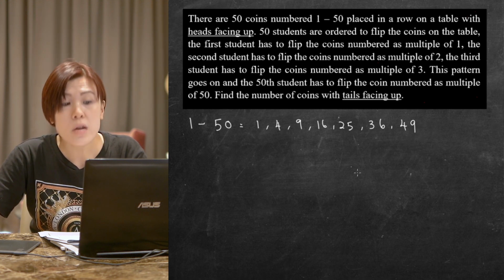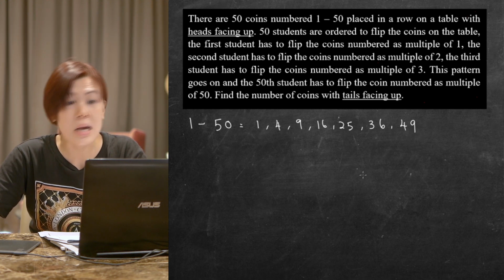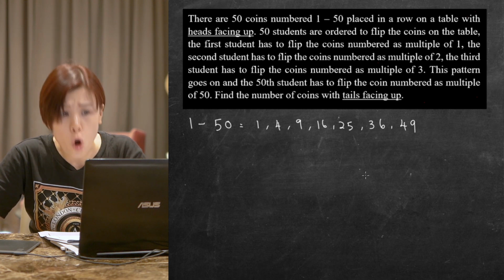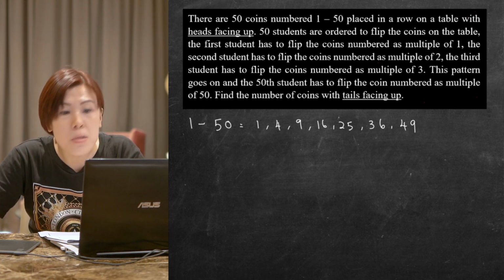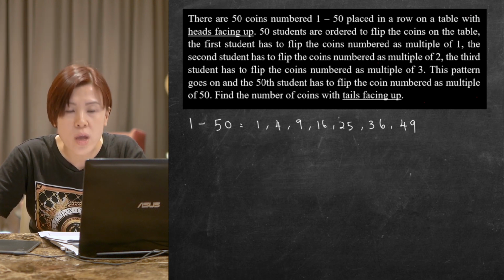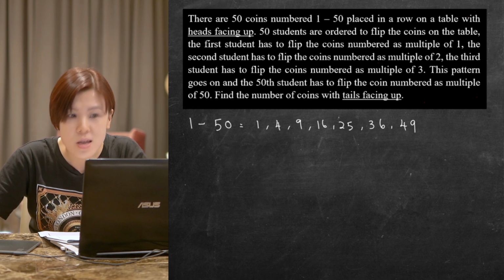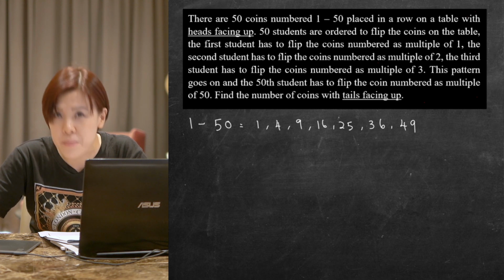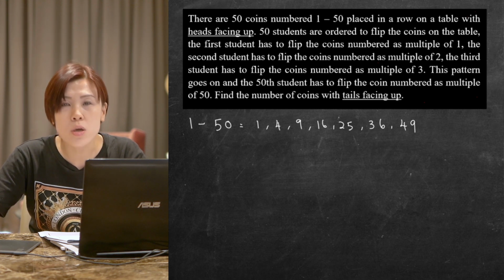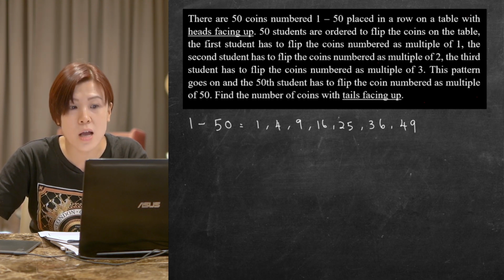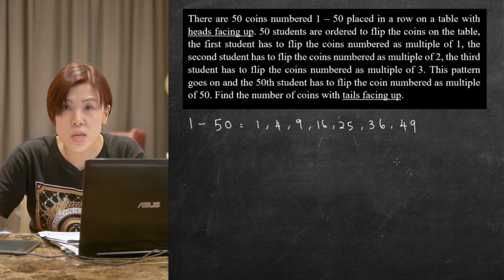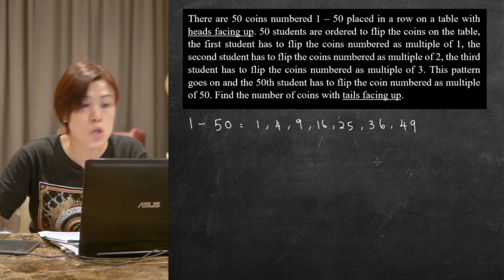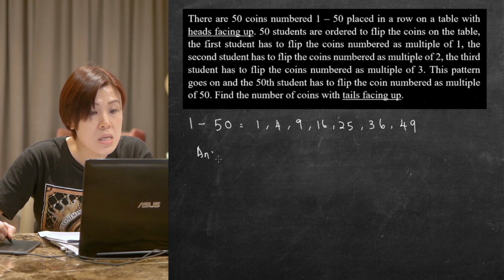So 1, 4, 9, 16, 25, 36, 49 are all the square numbers. And the coins with all these numbers are the coins with an odd number of factors. These are the coins that will be flipped an odd number of times, and these are the coins with tails facing up. So since 7 times 7 is 49, there will be 7 square numbers. So the answer is 7 coins.